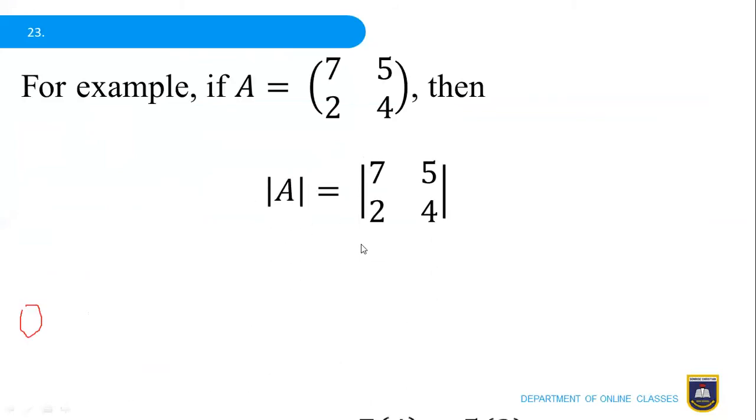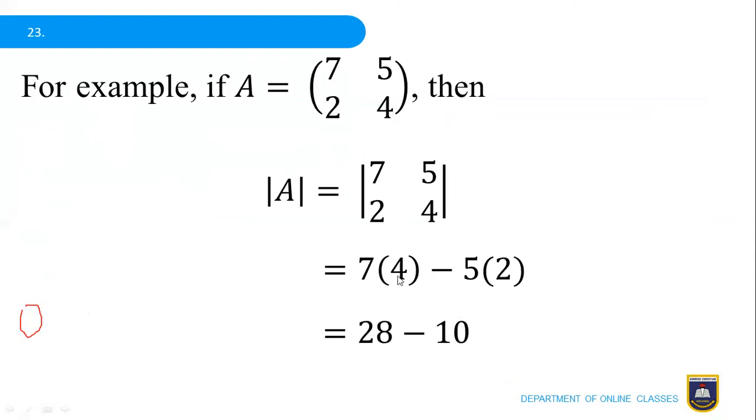Determinant of A is given by that, so that 7 times 4 will give us this. 5 times 2 will also give us this. So we have 7 times 4 minus 5 times 2. And that gives us 7 times 4 is 28 minus 5 times 2 is 10. So your determinant is 18.